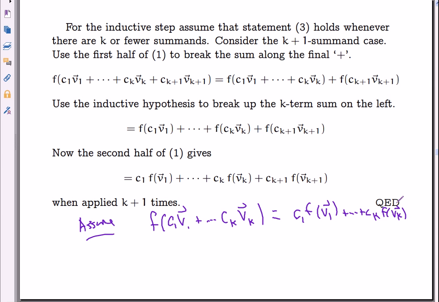We're assuming that this is true. This is part of the induction. And let's see if we can use this to establish the k plus 1 case.